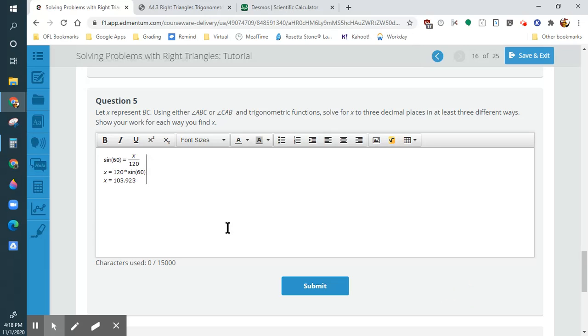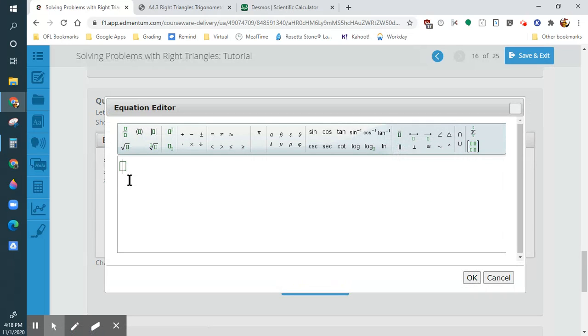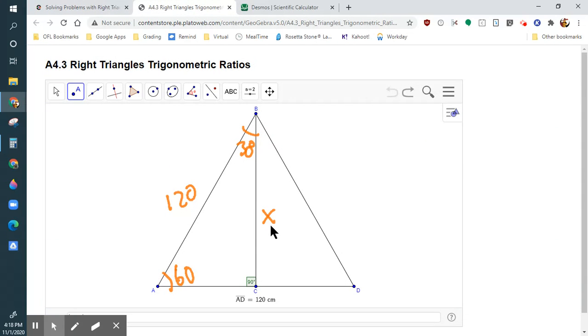So there's one way by using sine. Now I'm going to use cosine. In order for me to solve this using cosine, I have to do cosine of 30, and it's my adjacent. I couldn't use cosine of 60 because that would be this side.